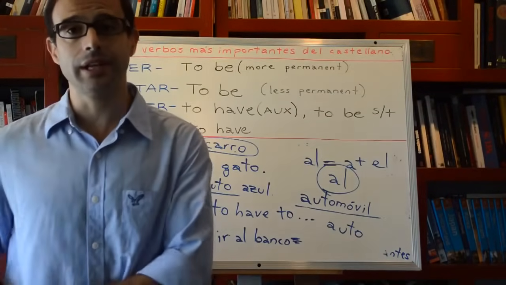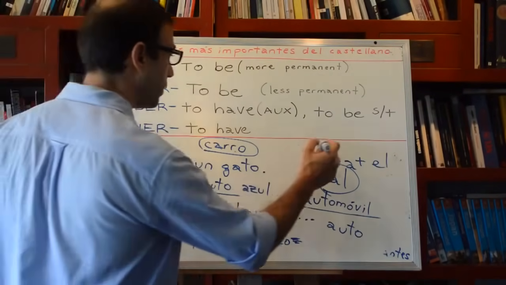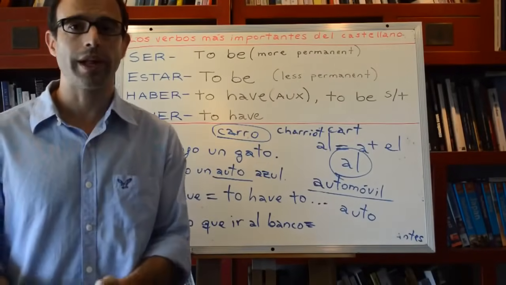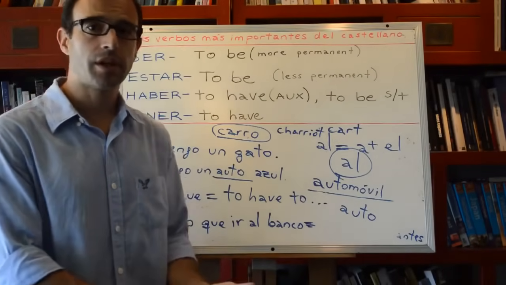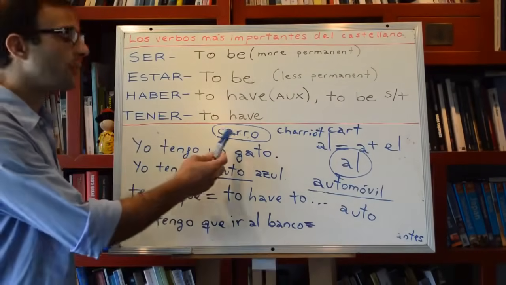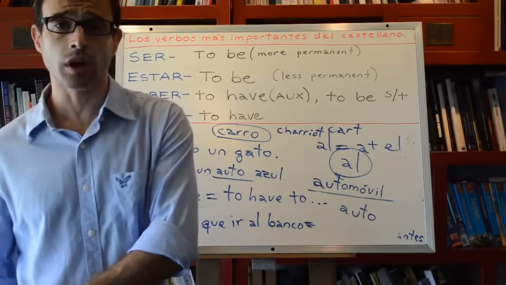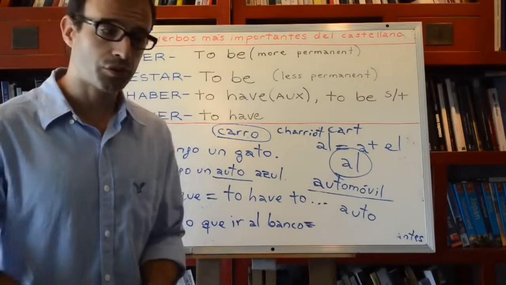Literally it means cart or chariot. So the word carro, while correct and chosen in many countries, is a more generic word that can be used for car or cart or chariot, or even for stroller.